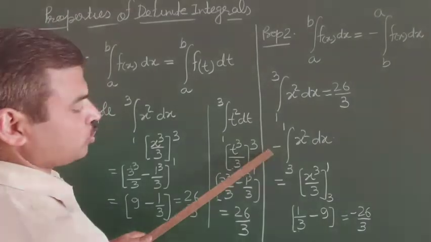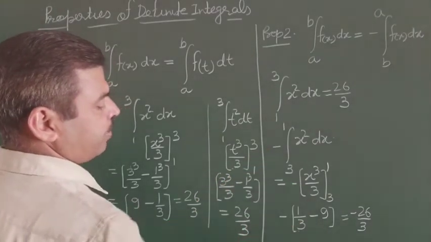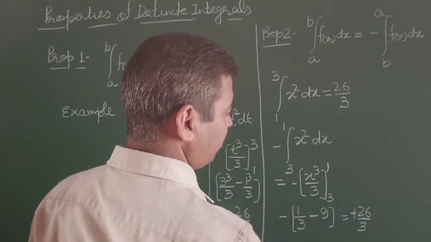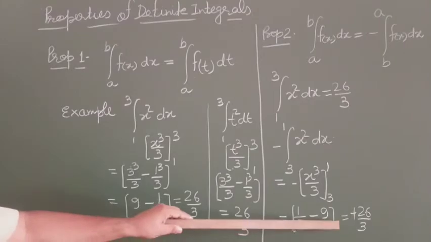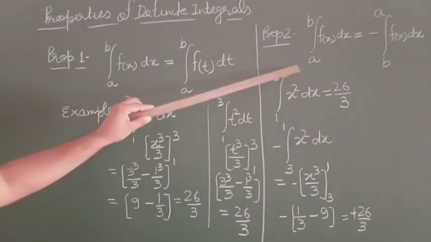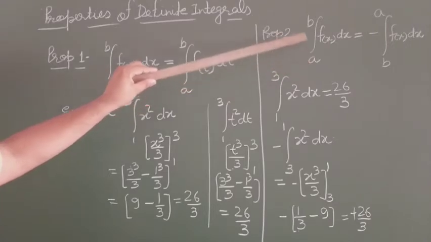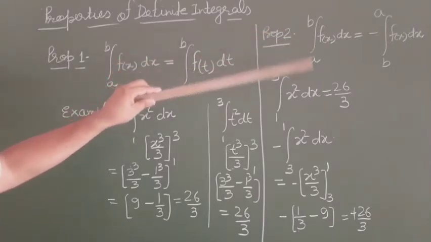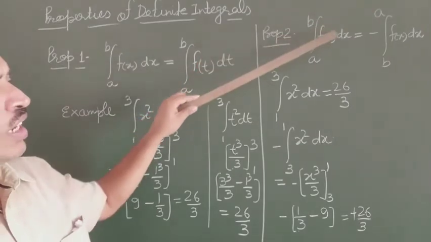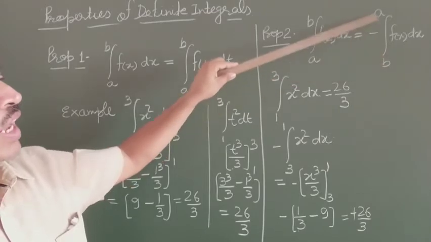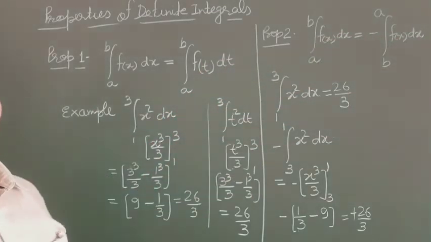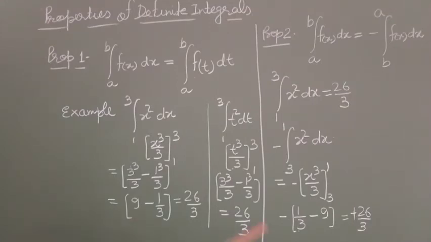But outside there is a minus, so when we put the outside minus, it will be plus. So the answers are the same. What is the property then? Remember, if limits are a to b and you change the position, then the integral will be equal to minus the integral from b to a of f(x) dx. Correct, students? Okay, this is property 2.